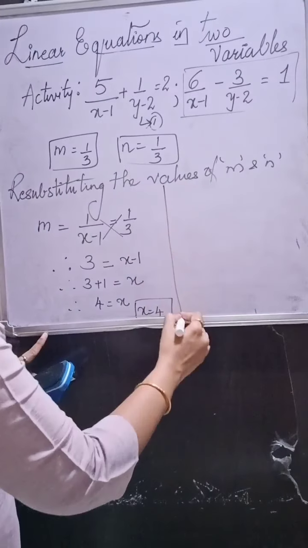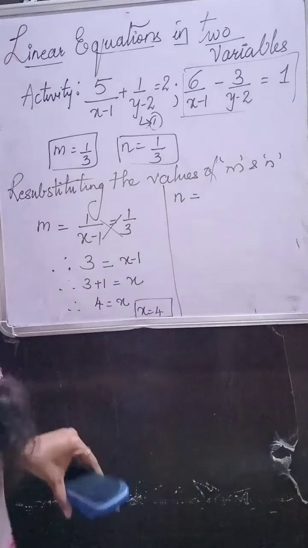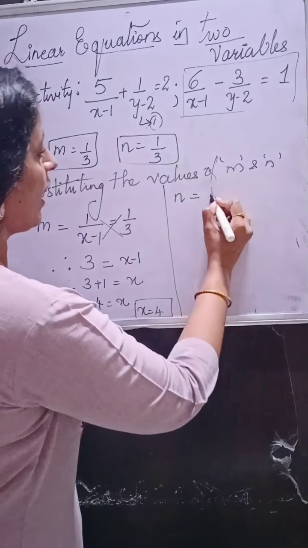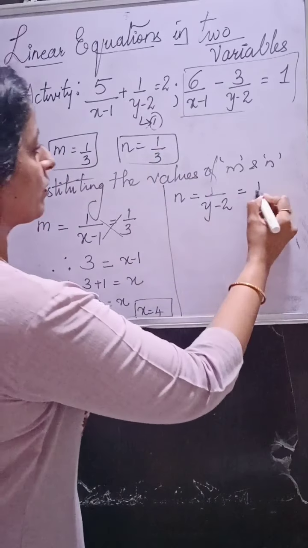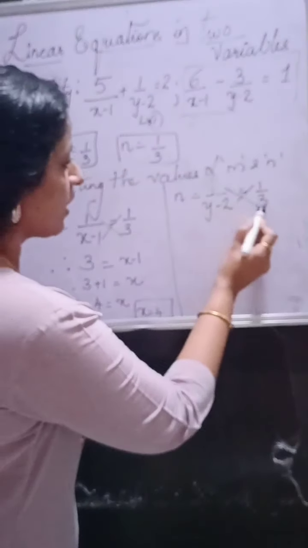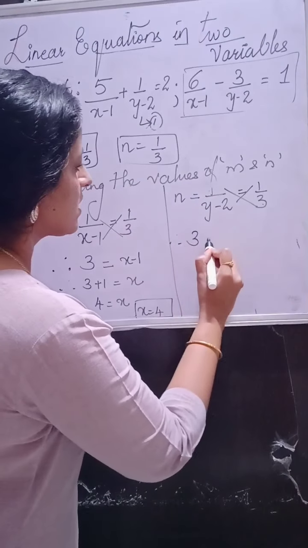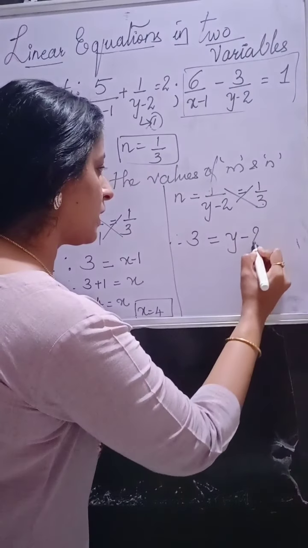Similarly, substitute the value for n. What was n? n was 1 upon y minus 2 and we got it as 1 upon 3. Go for cross multiplication. 3 ones are 3 is equal to 1 into y minus 2 will be the same term.